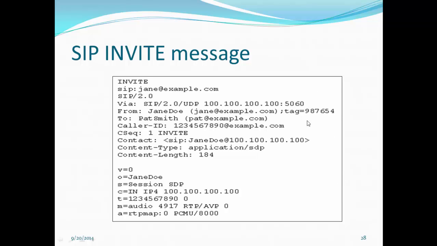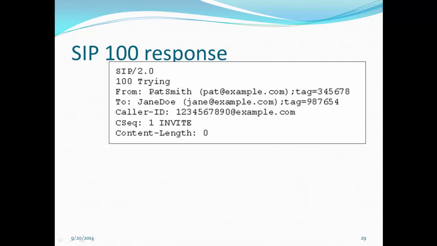So whenever there is a question about what port the SIP protocol uses, it is 5060. The next one is the SIP response. You see the 100. 100 is a provisional response code, which means it's trying. So SIP version 2.0 is trying to make a call from Pat Smith to John Doe. Here are the SIP addresses, pat at example.com and jen at example.com, for the To field.